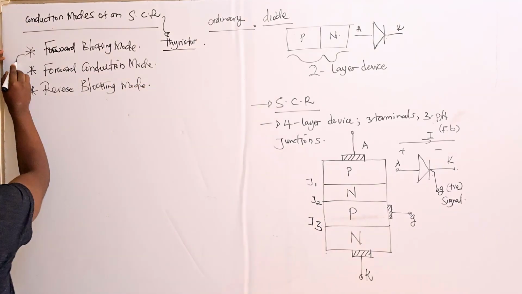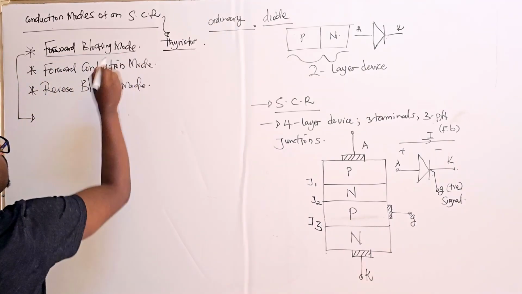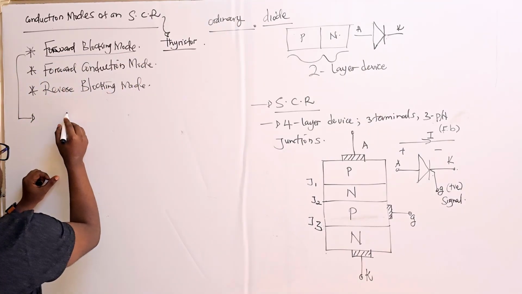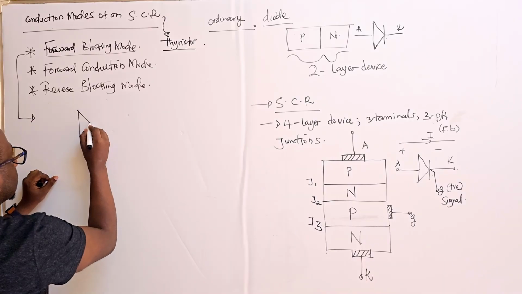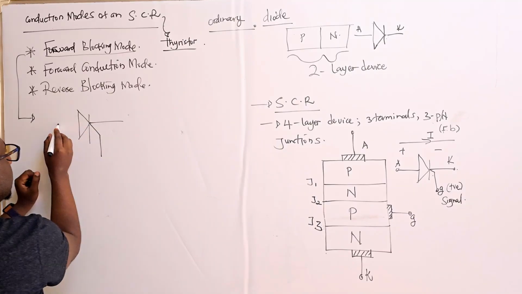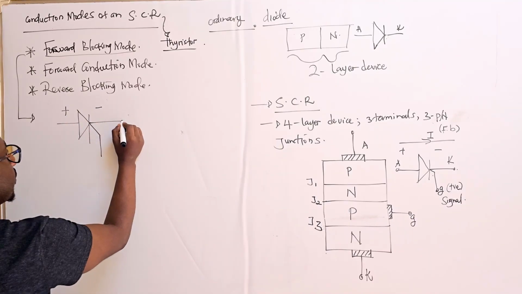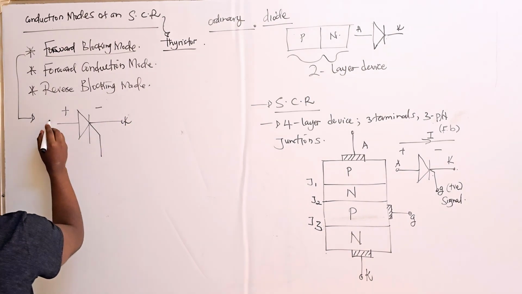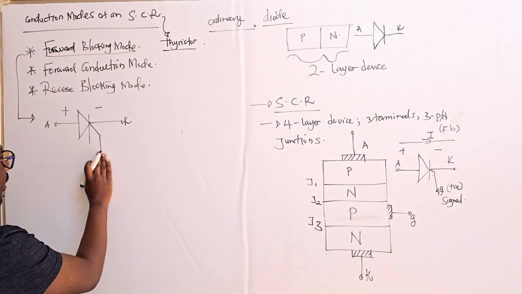So let's first look at the forward blocking mode. In the forward blocking mode, the thyristor or the SCR is forward biased.